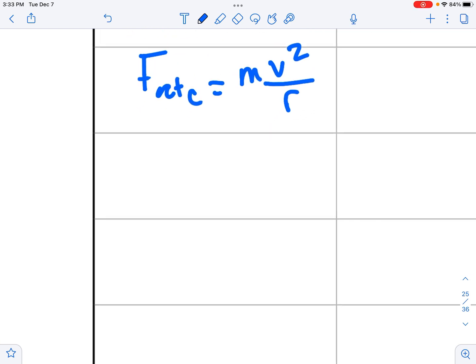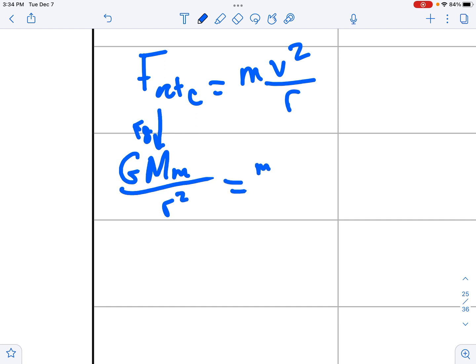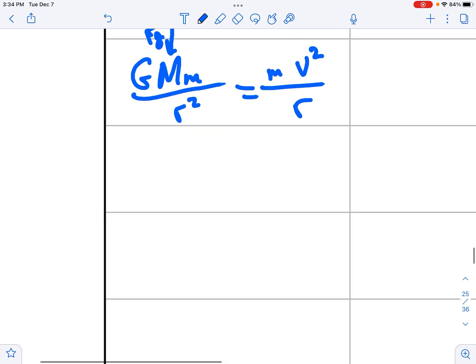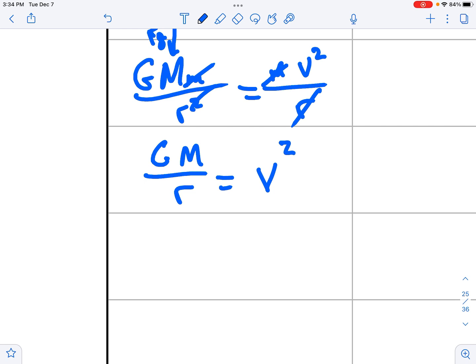What provides my F net C is the force of gravity. So GMm over r squared equals little m v squared over r. My m's are going to cancel, my r's are going to cancel, so let me just say GM over r equals v squared.